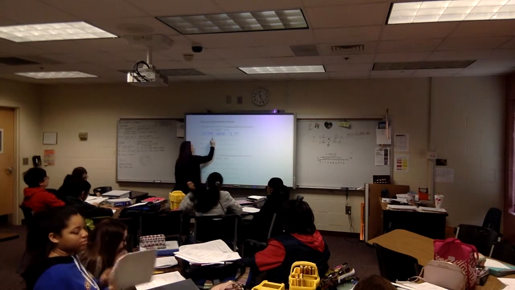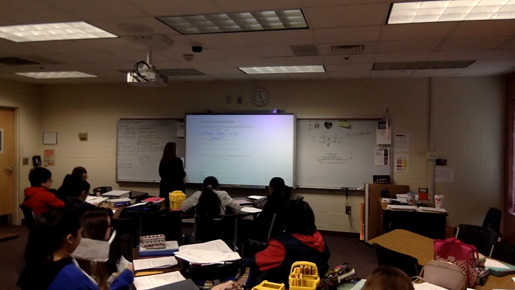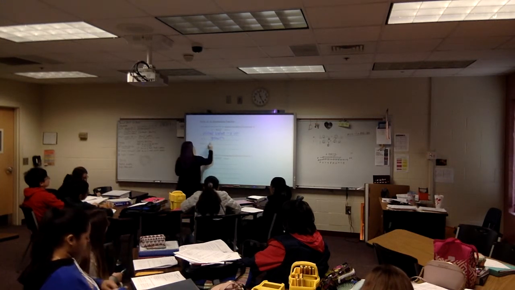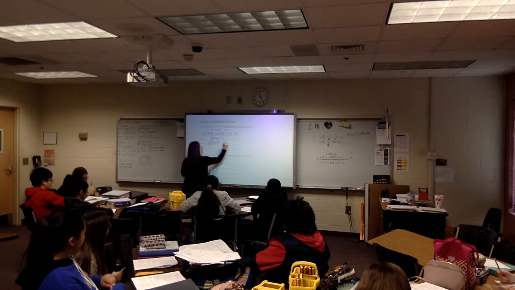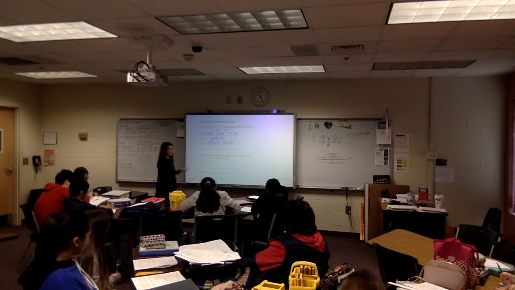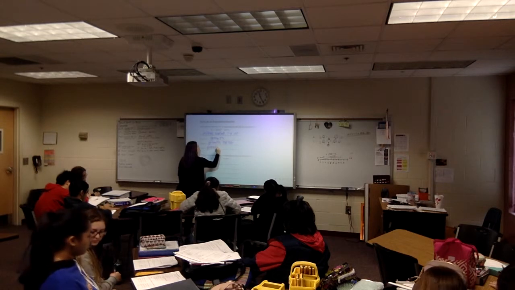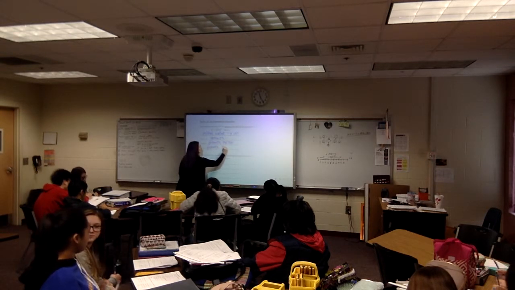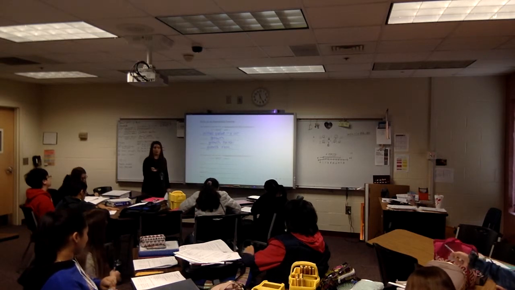Then B is the growth factor. And our R is going to be our growth rate. If you had a question that says, what is your growth rate, there's an equation you can use to find it.